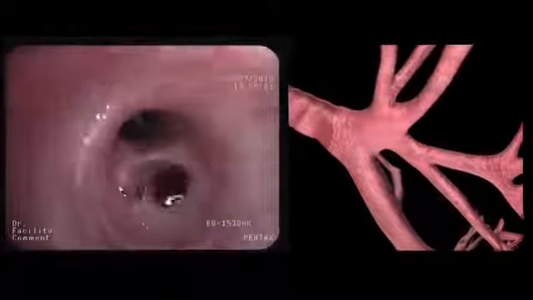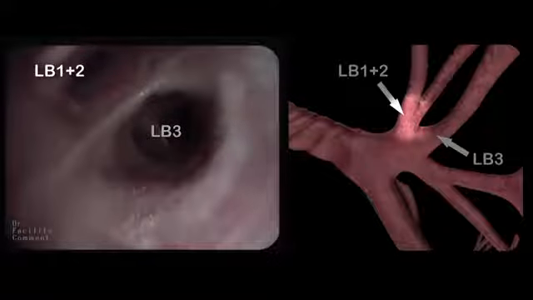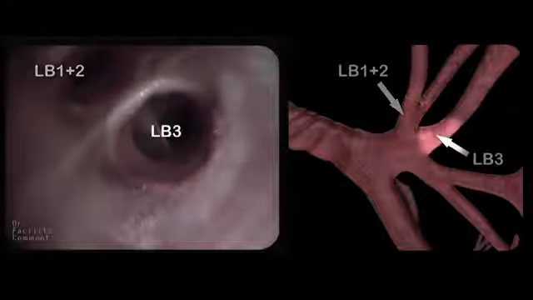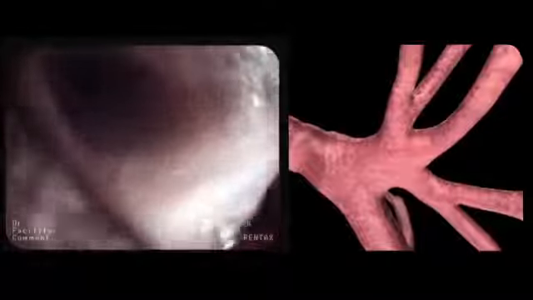The bronchoscope is retracted and advanced into the upper division bronchus. Here we can identify the apical posterior segmental bronchus, or LB1 plus 2, and the anterior segmental bronchus, or LB3. The LB1 plus 2 is often difficult to inspect because of its steep angle.